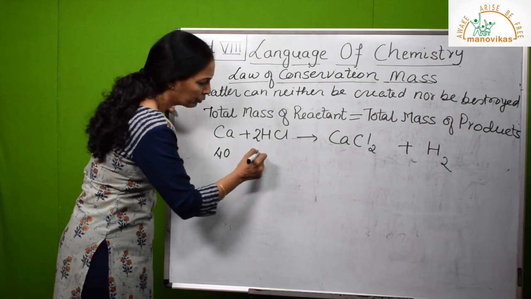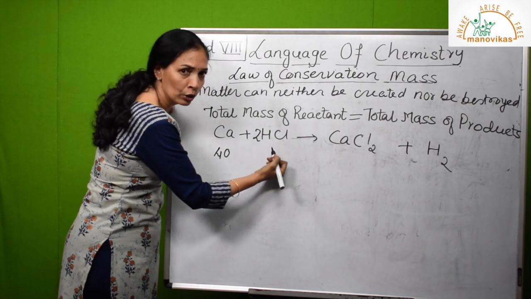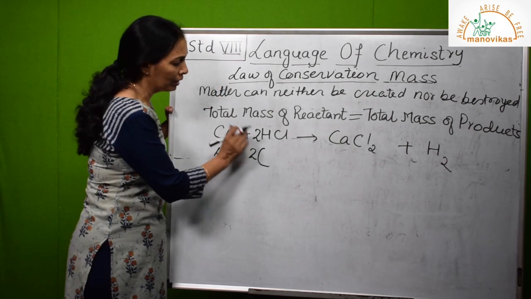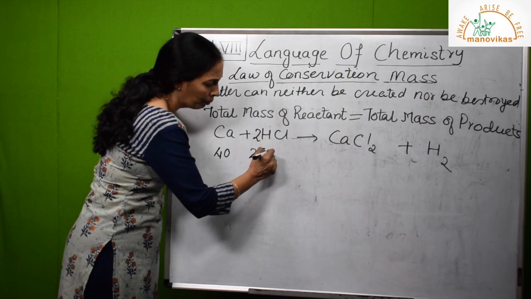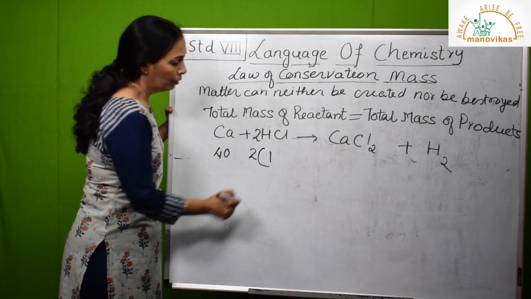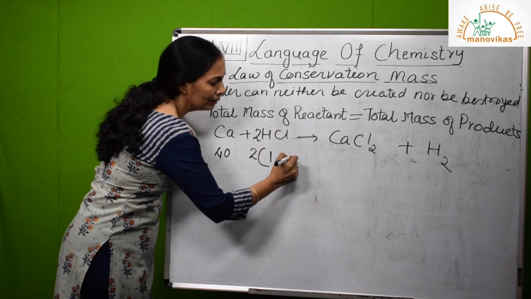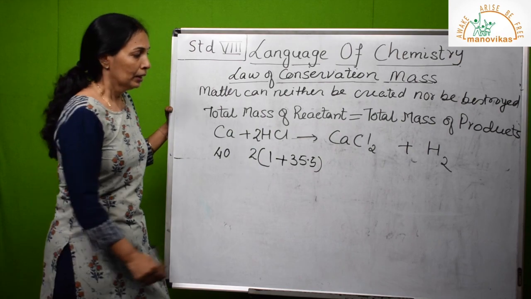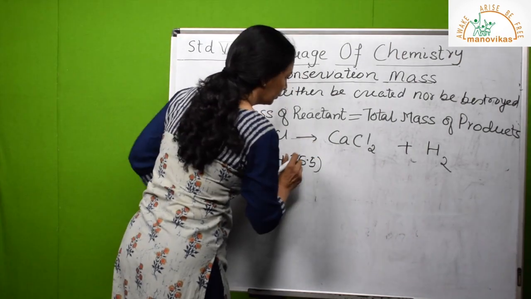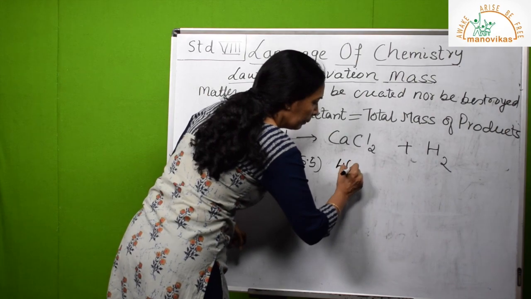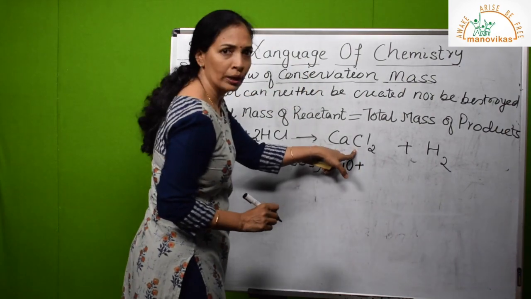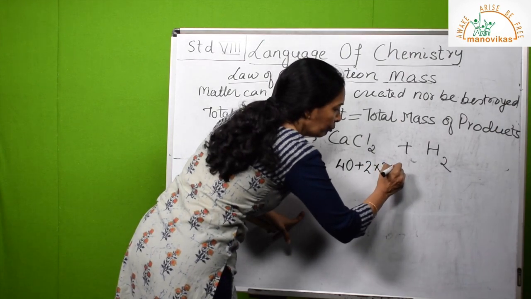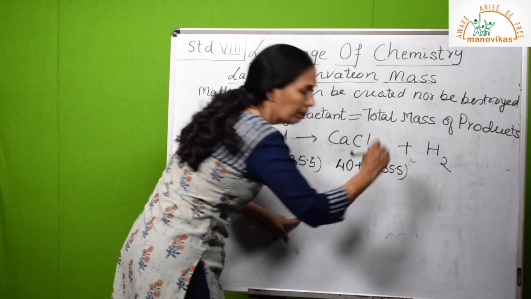So this is 40. Now HCl: 2 molecules are there, so we take this 2 and inside the bracket we write 1 HCl. What is the atomic mass of H? 1, plus Cl is 35.5. Now for CaCl2, calcium is 40 plus 2 chlorine atoms, so 2 into 35.5, keep it in a bracket.